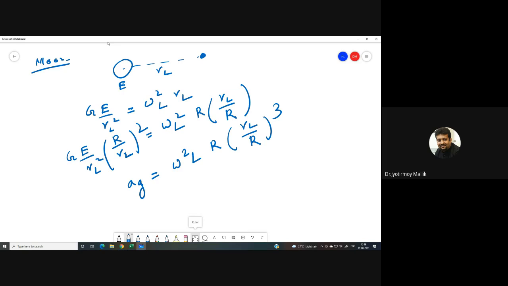Now this is what we know: R_L by R, R being the capital R, the radius of the earth, is around 60. The T for the moon is around 27.3 days.